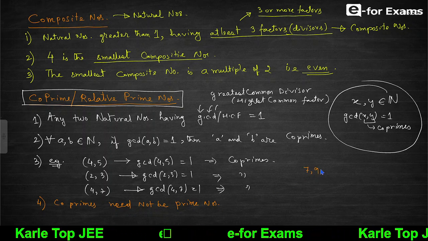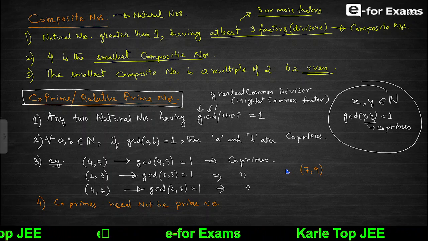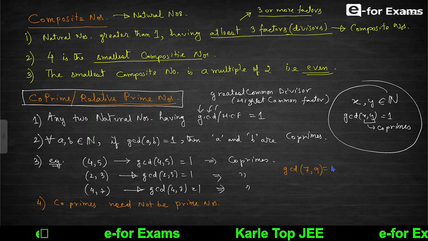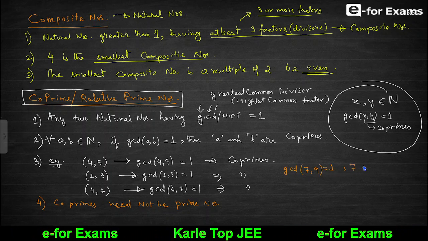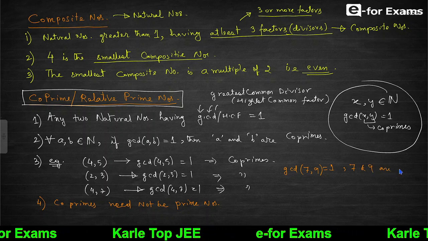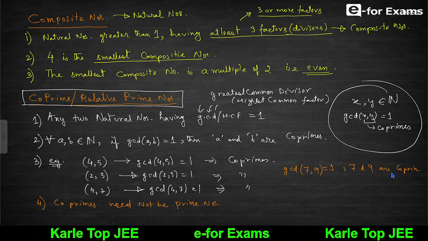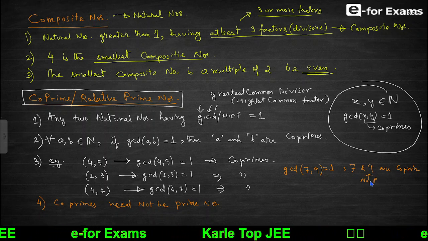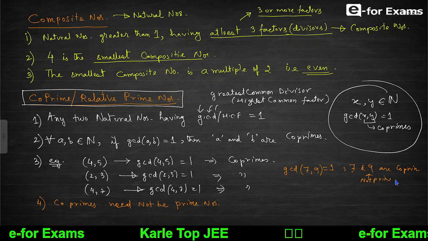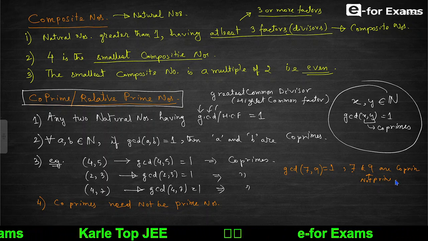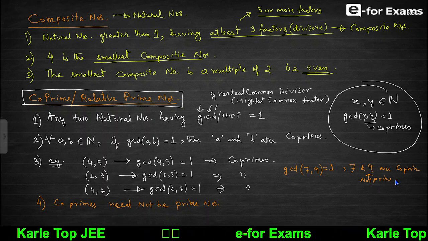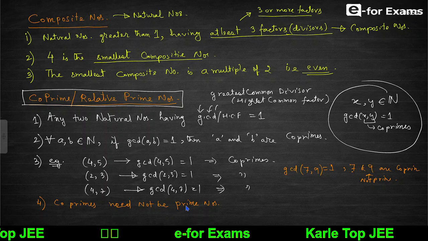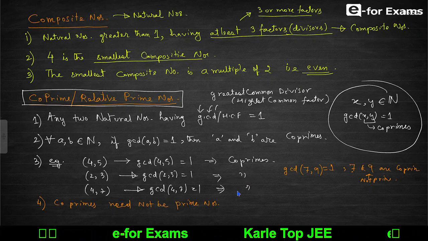Example, 7 and 9. If you take the HCF or GCD of 7 and 9, you will get 1. So 7 and 9 are coprimes. But 9 is not a prime, right? 9 is not a prime. So co-primes can be prime numbers or non-prime numbers. Remember this, co-primes need not be prime numbers.